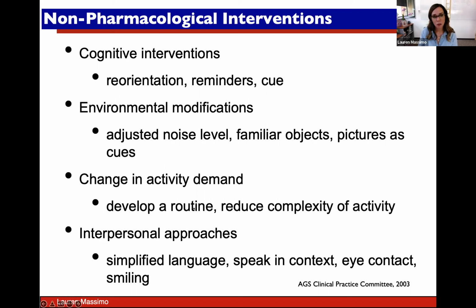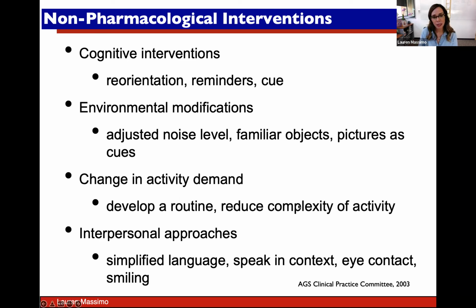Patients with dementia do really well from a routine where they can know what to expect every day when they wake up. So it's really important to develop a routine of activities every day, again, to know what to expect, and also to reduce boredom, and reduce complexity of the activities.